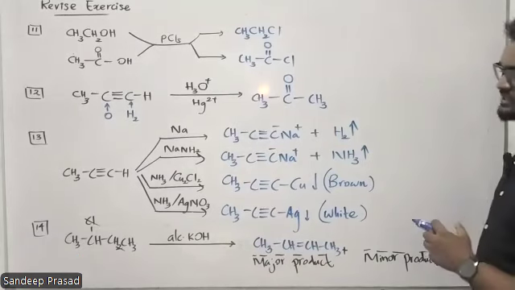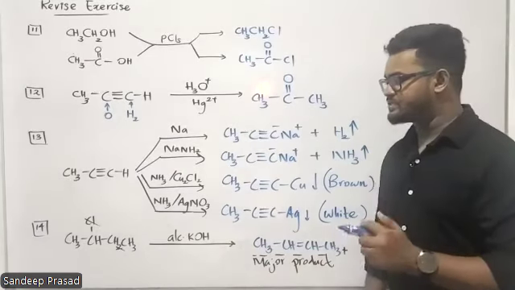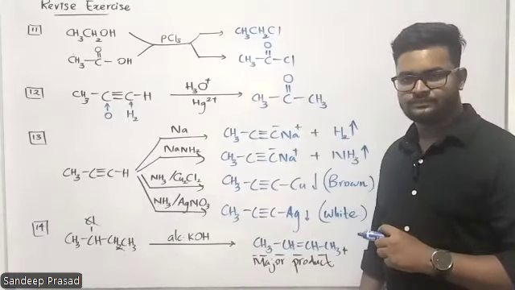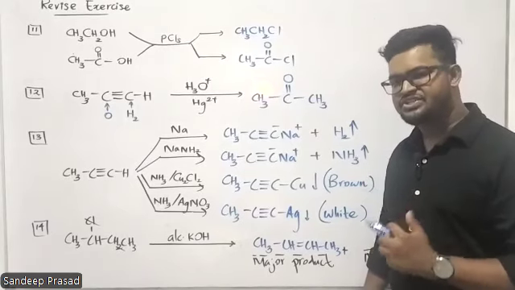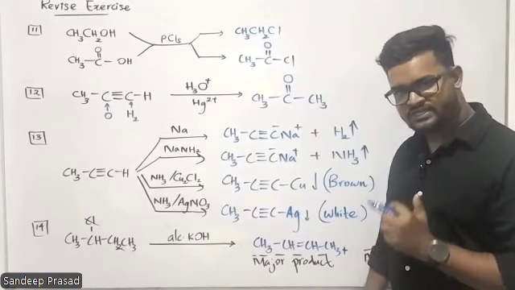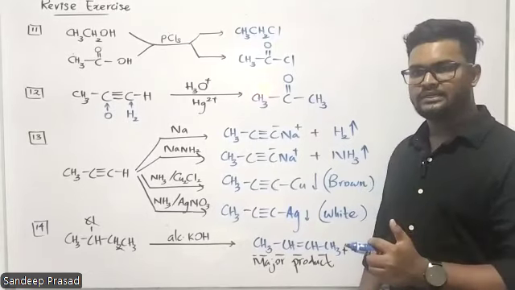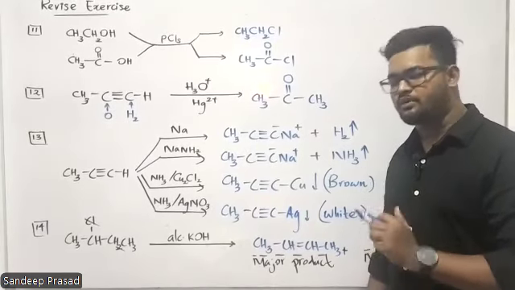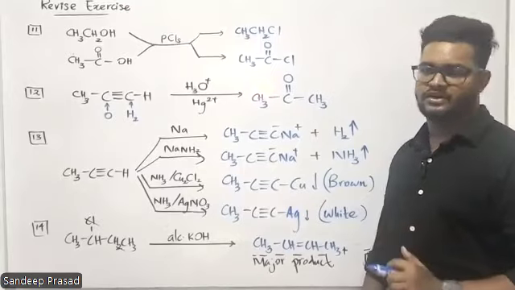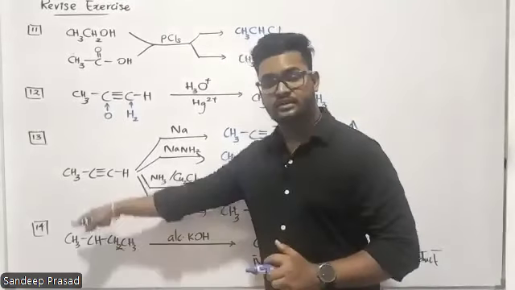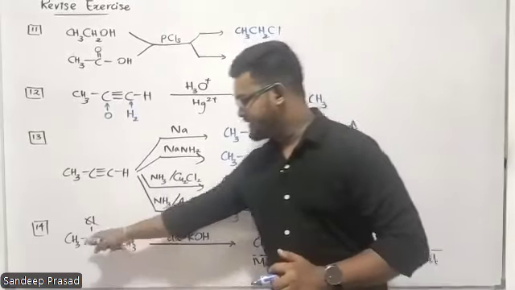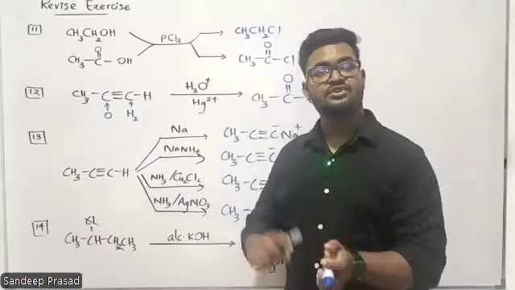The minor product is where the compound is not following the Zaitsev rule, right? I told you that when elimination is taking place, hydrogen should always be eliminated from the carbon atom having a poor number of hydrogen atoms. So when it is not following that rule, hydrogen is eliminated from the carbon which is rich with hydrogen.